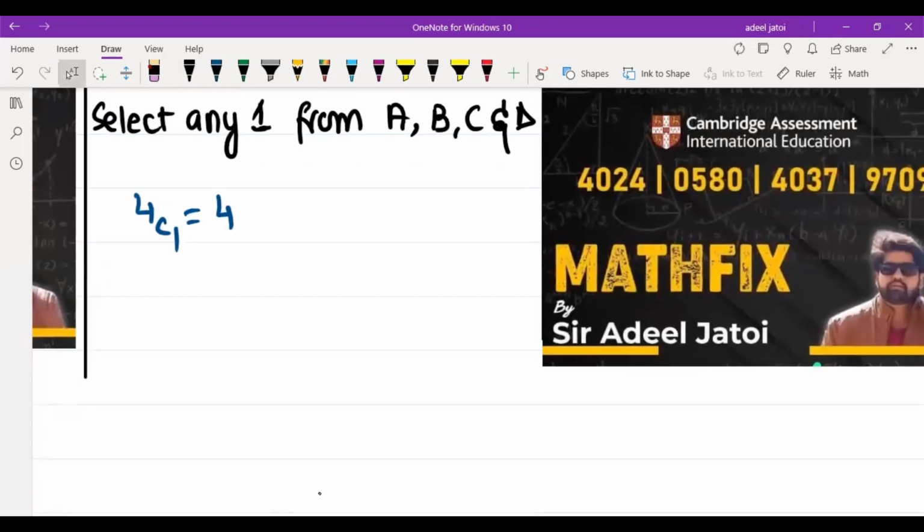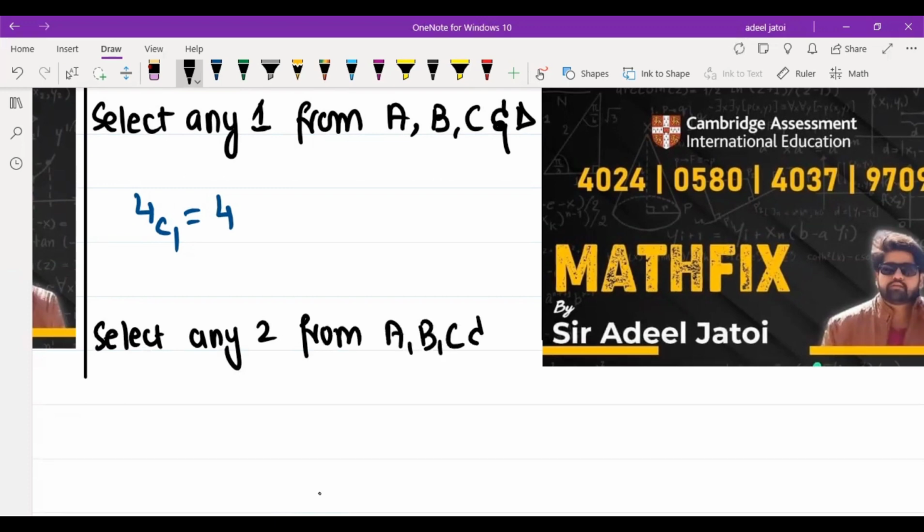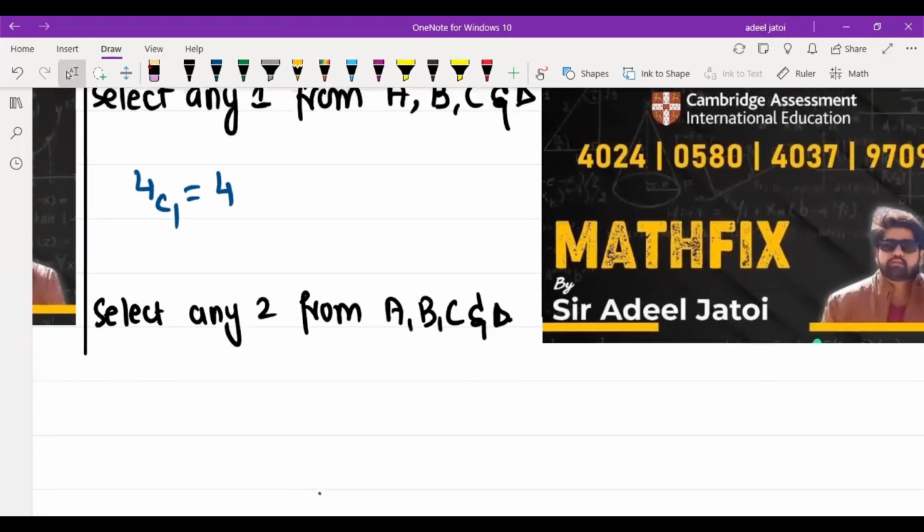If the question says select any two from A, B, C, and D, that means now I need to select two letters out of four letters. What are the possible ways?